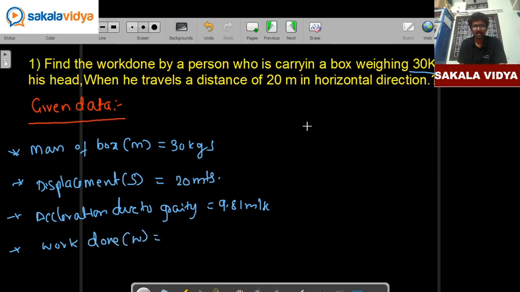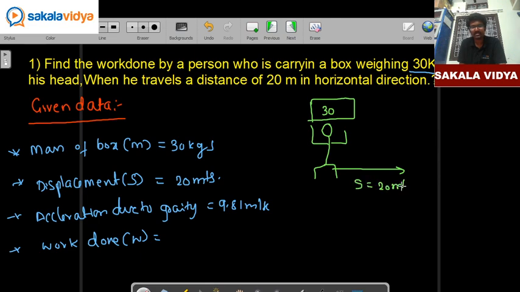For example, here we have a person who is carrying a box on his head which is 30 kgs and is traveling in a horizontal direction whose displacement is 20 meters. So what do you observe here?